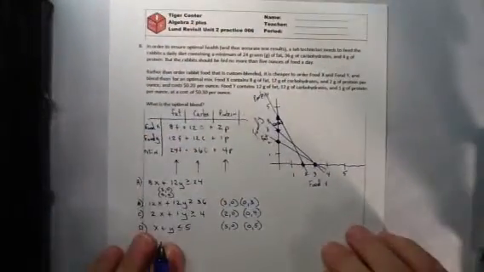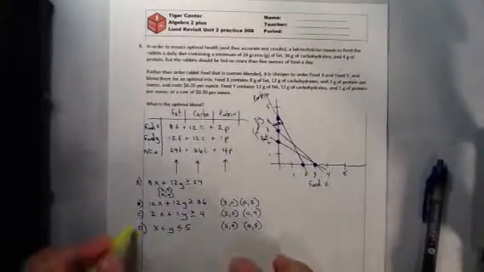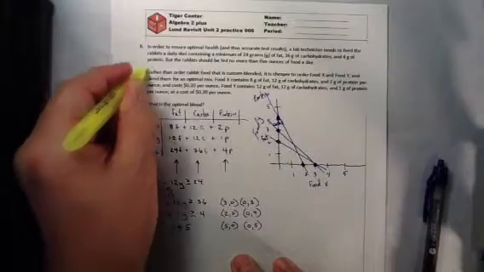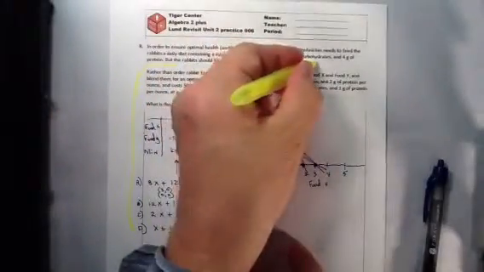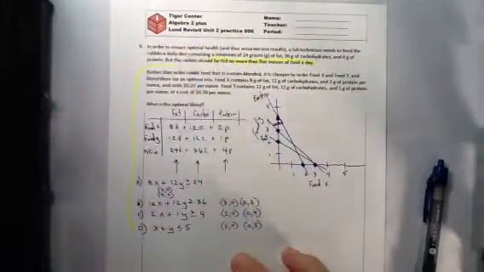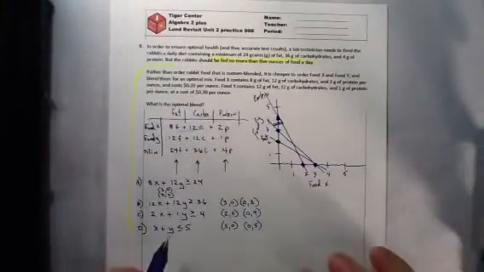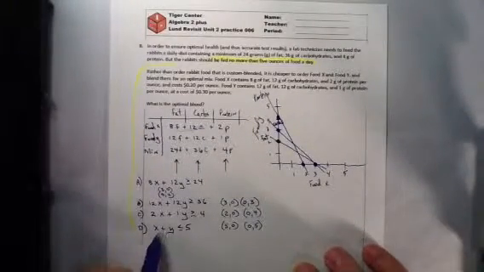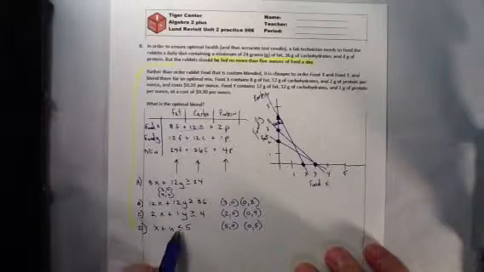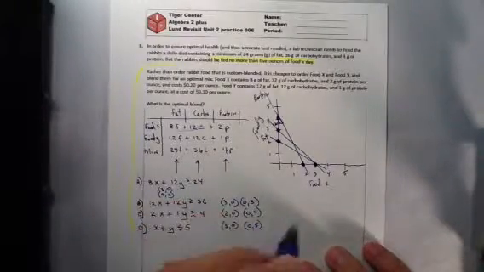Now the last constraint, and hopefully you saw it when you were reading it, but we're going to highlight it here. Rabbits should be fed no more than 5 ounces of food a day. No more is represented by less than or equal to. So food X plus food Y less than or equal to 5.